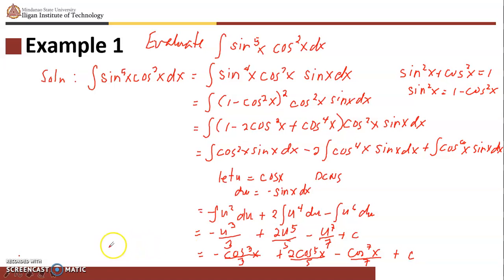And that would be the answer for the integral of sine to the fifth x cosine squared x dx.